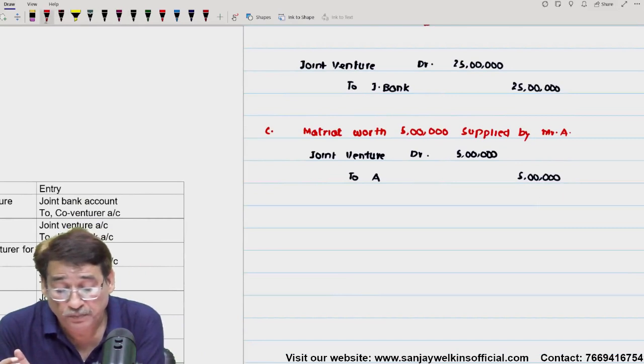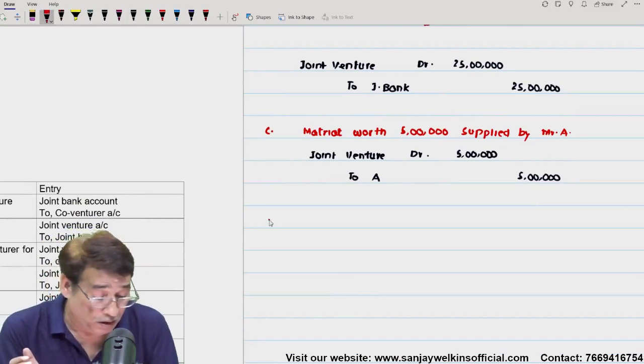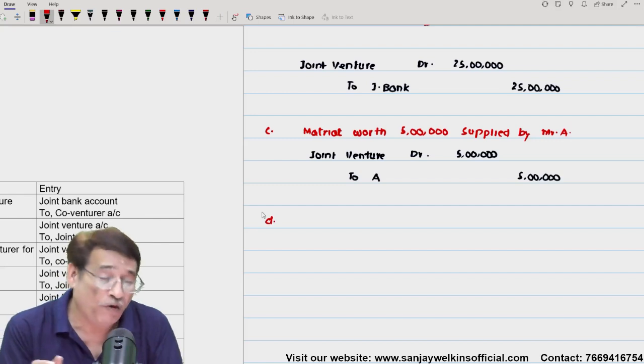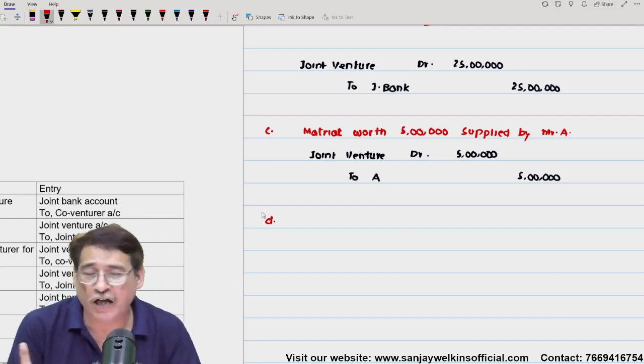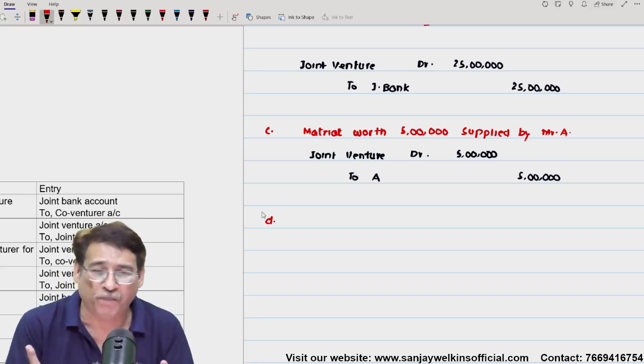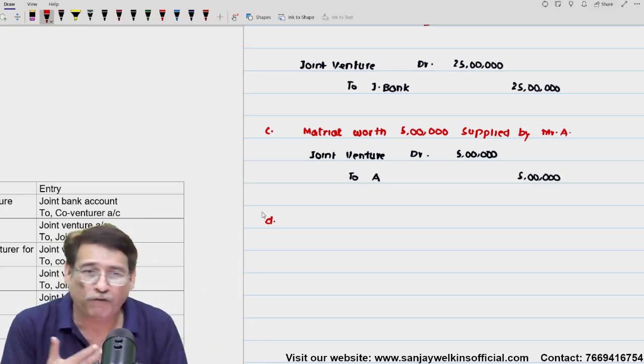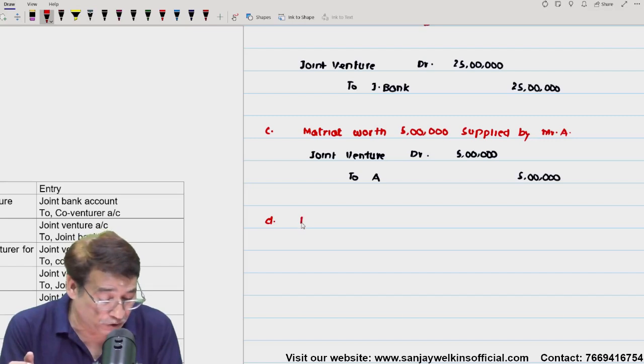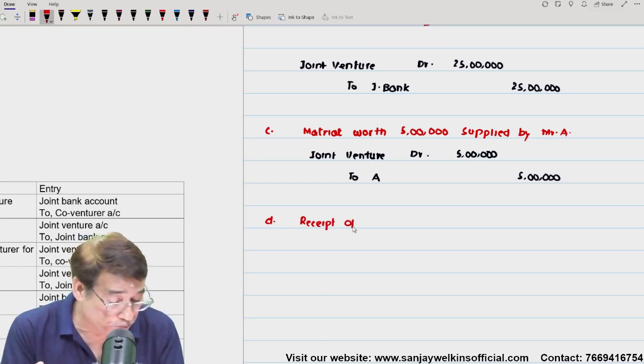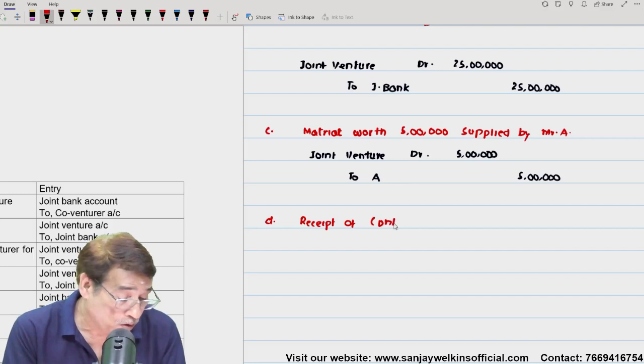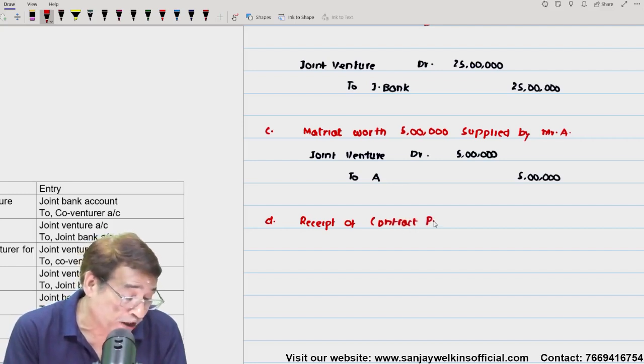Now, once the contract gets completed, that means in this particular case, when the bridge gets completed, the contracting company will pay the amount. So receipt of contract amount, receipt of contract price. The contract price was 50 lakhs.